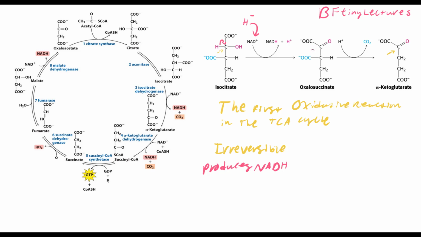Now we form this carbonyl right here, so we have a C double bonded to the oxygen. This free hydrogen came from this guy right here, and now it's going to attack this carboxylic acid, or carboxyl, right here.